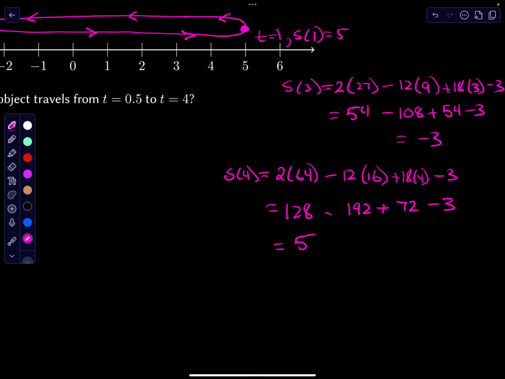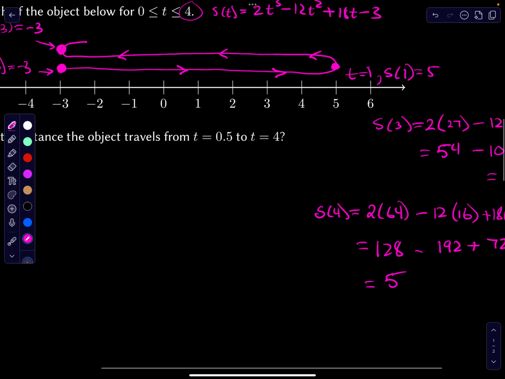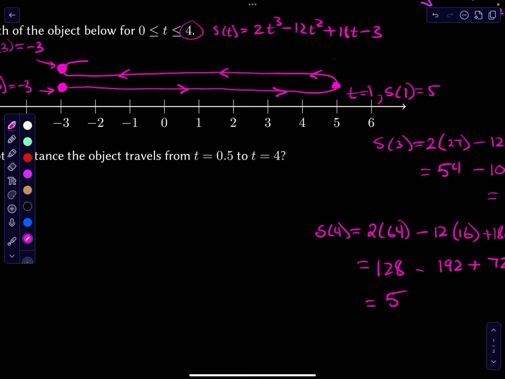Interesting. We go out to 5. Oh, we're back to where we were just a minute ago. So this is t equals 4. And of course, if we kept going, this thing would keep going off to the right because it never will stop. It will never turn around because it will never be at rest.